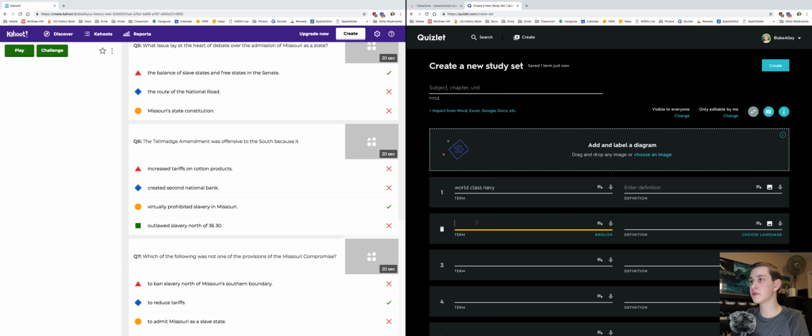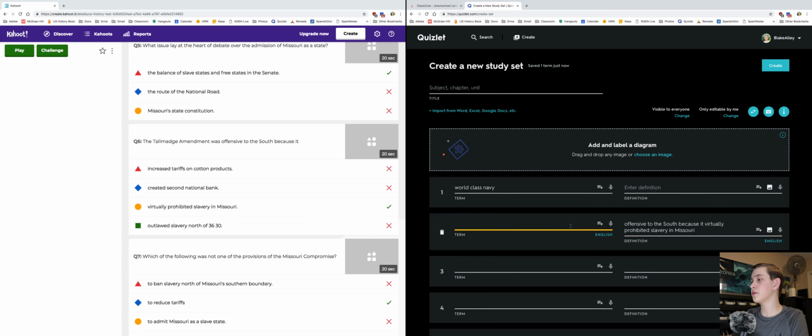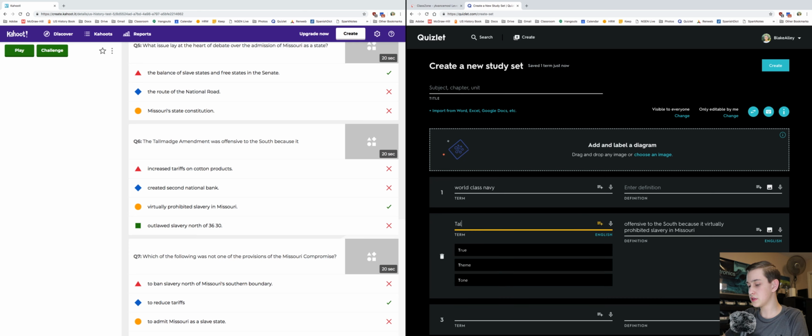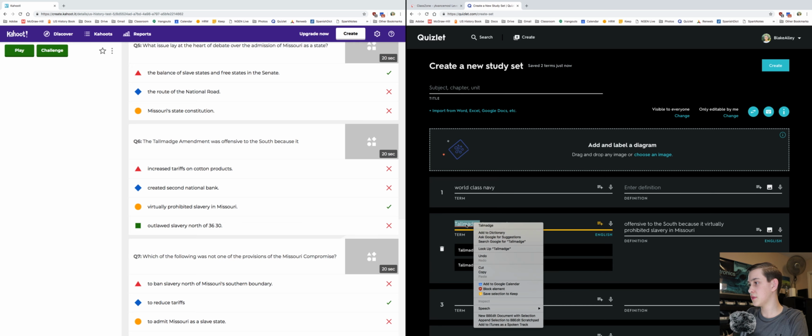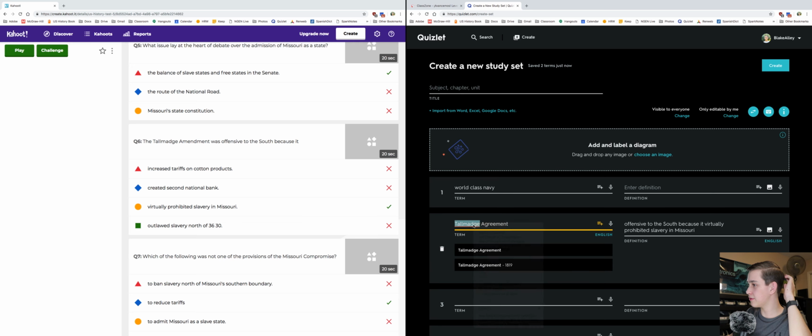You want your learner to know that something was offensive to the South because it virtually prohibited slavery. So that would actually be your definition. So what we want the learner to know is that the thing that prohibited slavery was the Talmadge Agreement. I actually don't know if that's misspelled or not. We'll leave it as is.